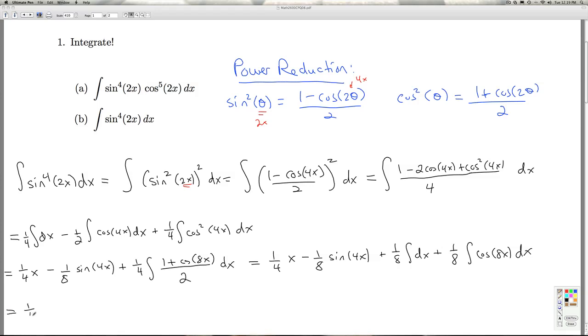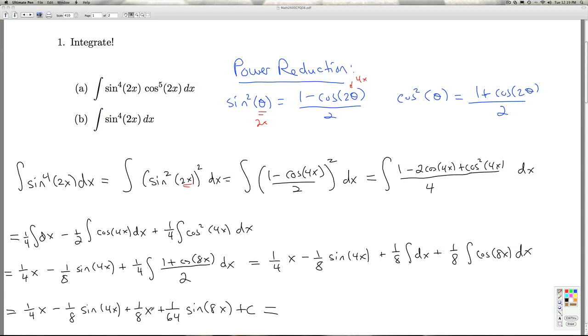So I've got 1/4 x minus 1/8 sine of 4x plus a 1/8 x from that integral. And the integral of cosine, once again, is going to be sine, and I've got to adjust for that 8. So that's 1/64 sine 8x plus c.